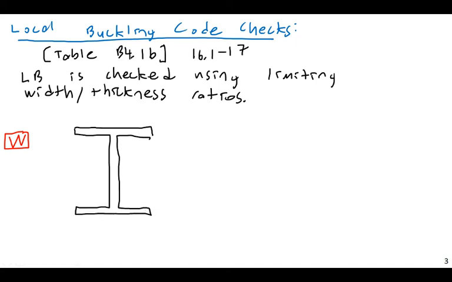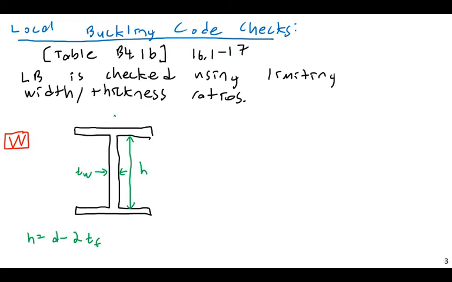First of all, I have H for my web, the distance between the flanges. H would be equal to D minus 2 times the thickness of the flange. And then I also have the thickness of my web here, TW.